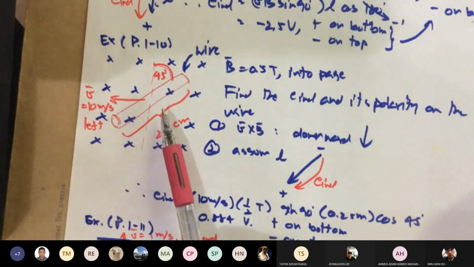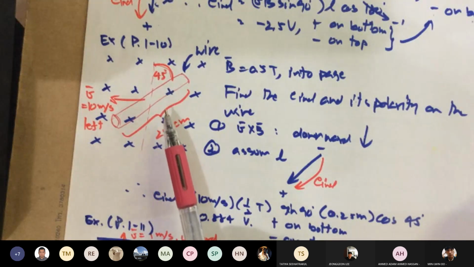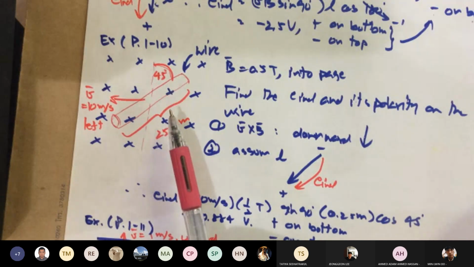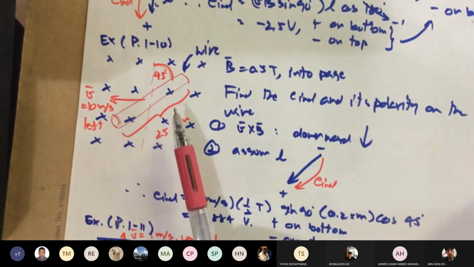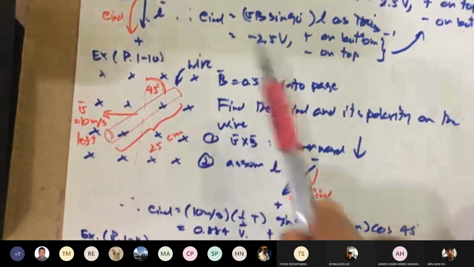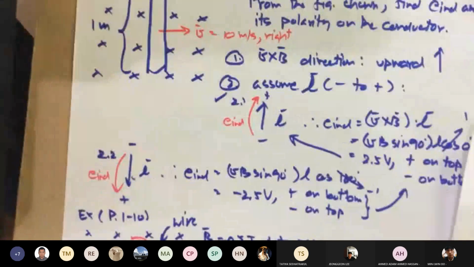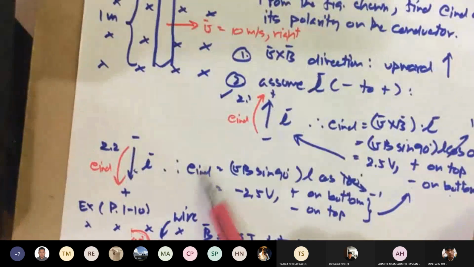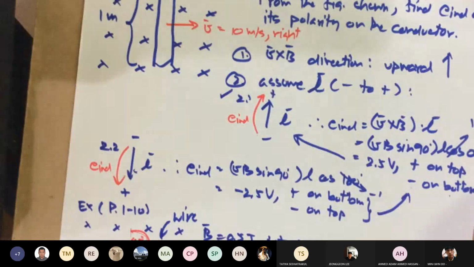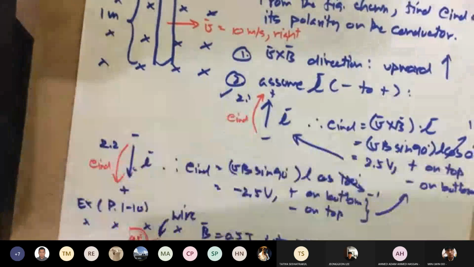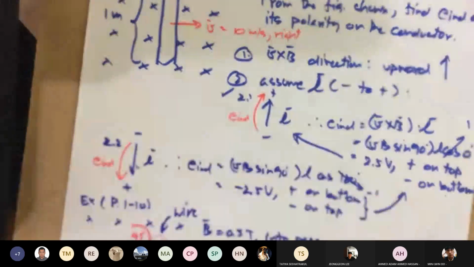Give me a second. Oh, I forgot. So back to the example. You want to write the answer for this one? I'm going to do it separately. You can do it like this.